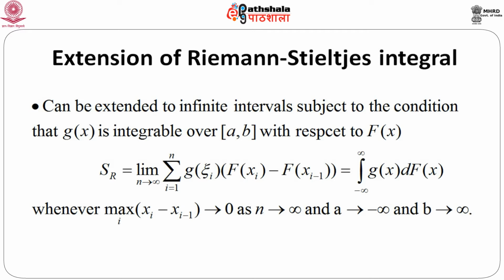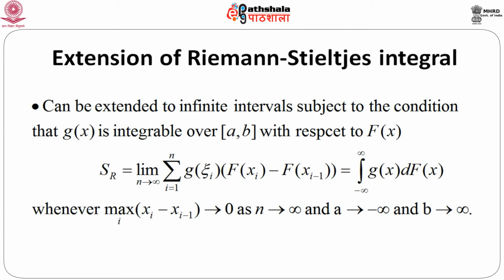So, under some conditions, whenever we let a go towards minus infinity and let b go towards infinity, we can think of this as an integral provided this limit exists, taking all these limits. That means, when n goes to infinity, a goes to minus infinity and b goes to infinity. So, if this exists, then we say that this is an extension of the Riemann-Stieltjes integral, the extension being made with respect to the interval of integration.